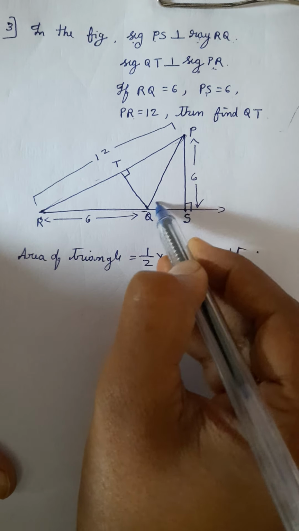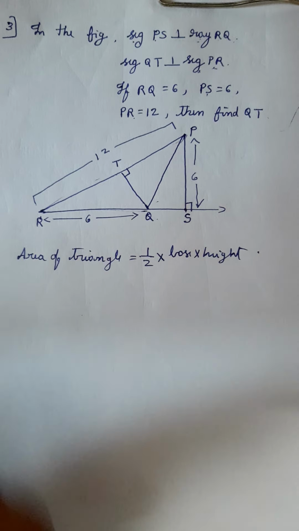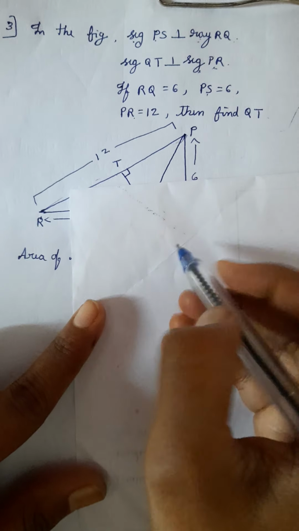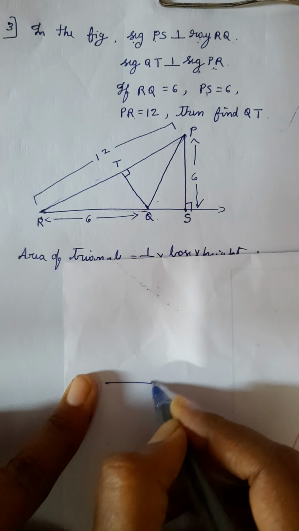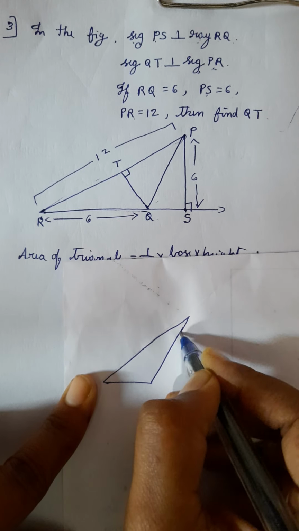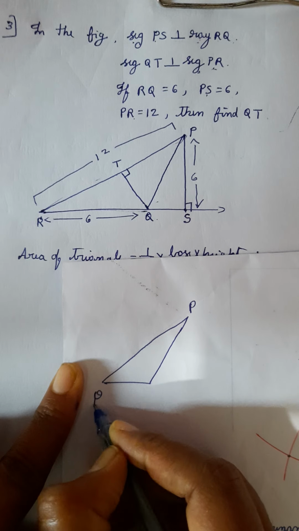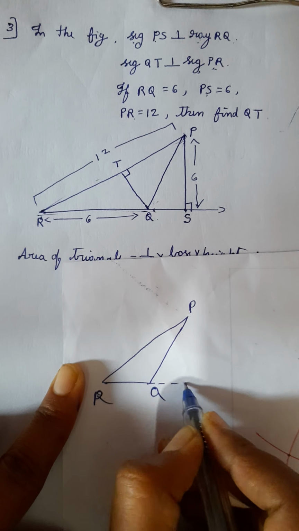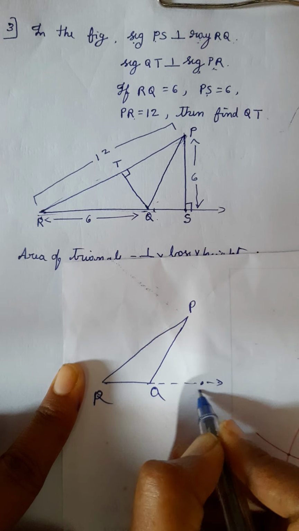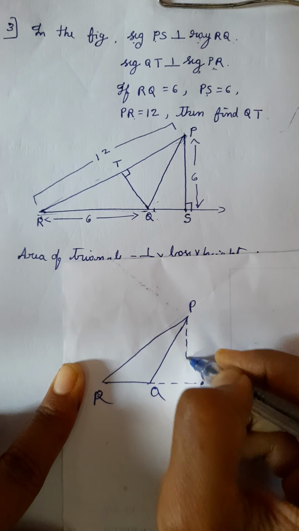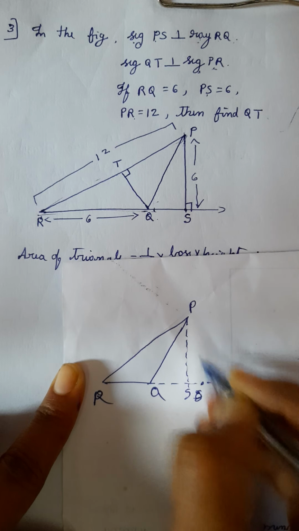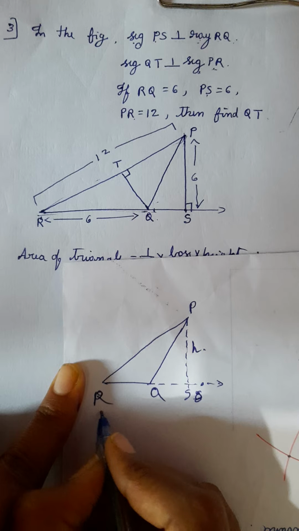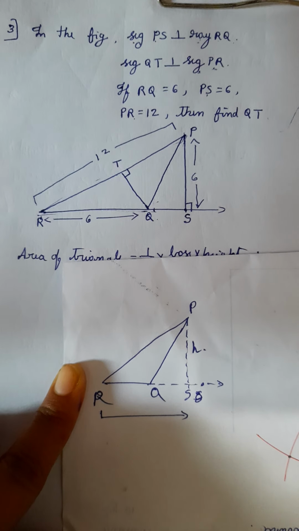This is the triangle. You can see this is an obtuse angle triangle, correct? This is P, R, Q. So we can consider this as base till S, and this as height.